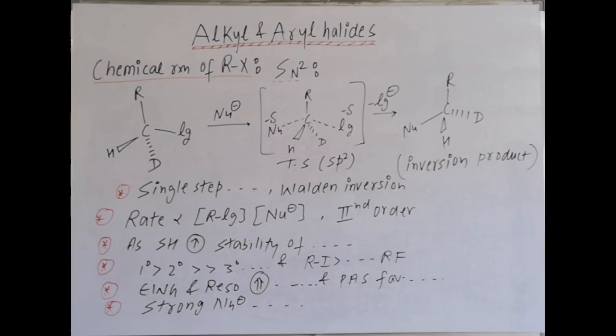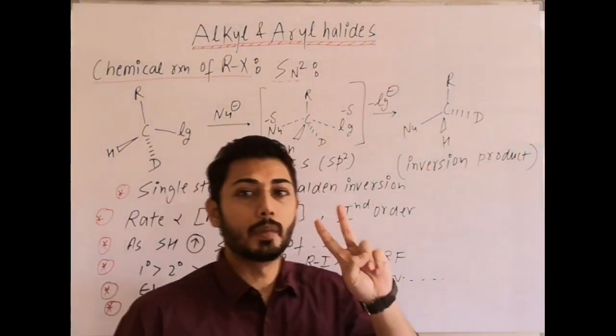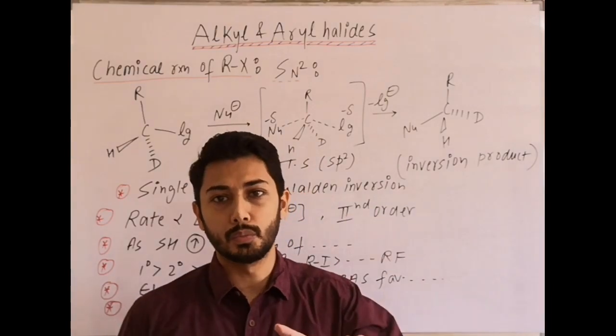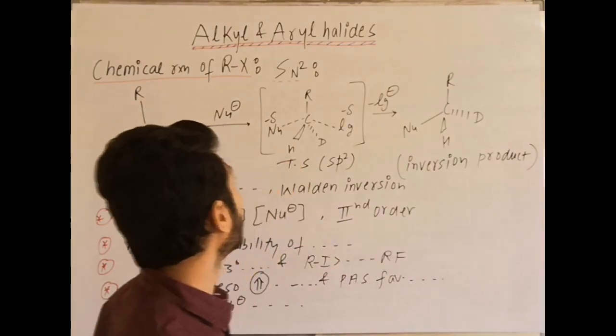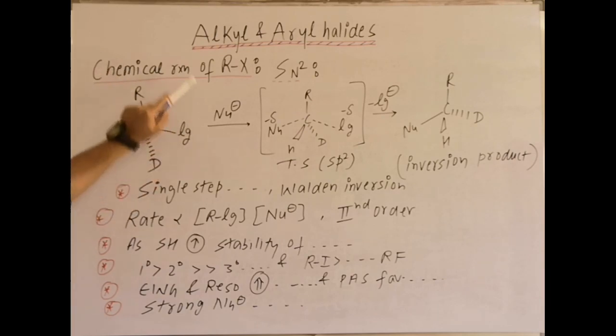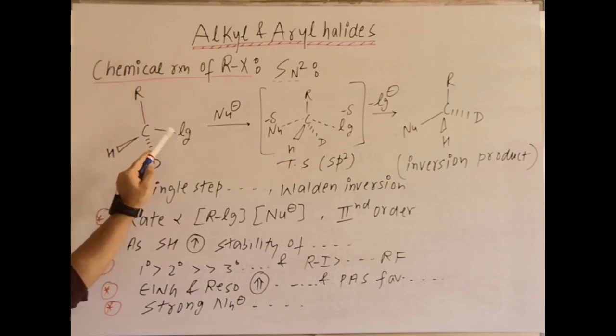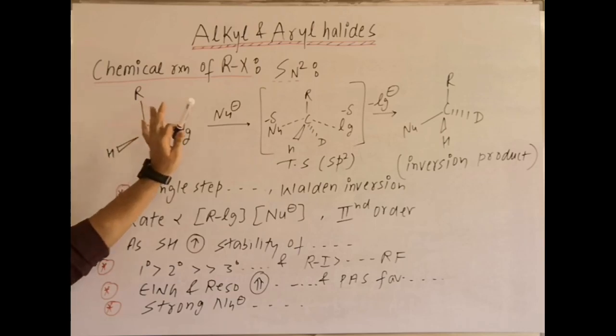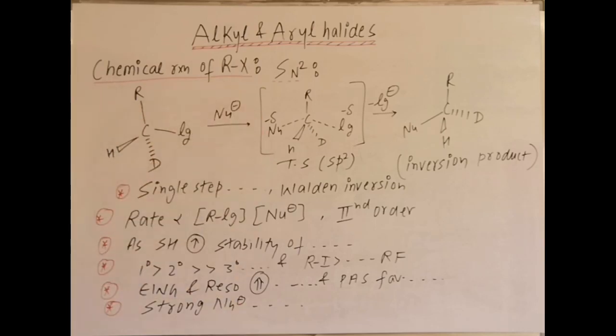Firstly, before starting proper chemical reactions, we should understand two mechanisms, SN1 and SN2. Starting with SN2, that is bimolecular nucleophilic substitution. That is an alkyl halide. If I put X there, it becomes an alkyl halide. I am writing a general reaction so that you can use this general mechanism in other topics also. So here it is the leaving group.